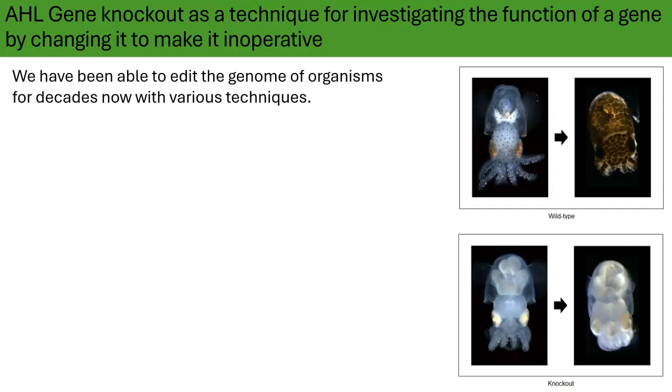Okay, so the first thing we're going to talk about in higher level is that we can cause mutations and use that to study the effects of a gene in an organism.